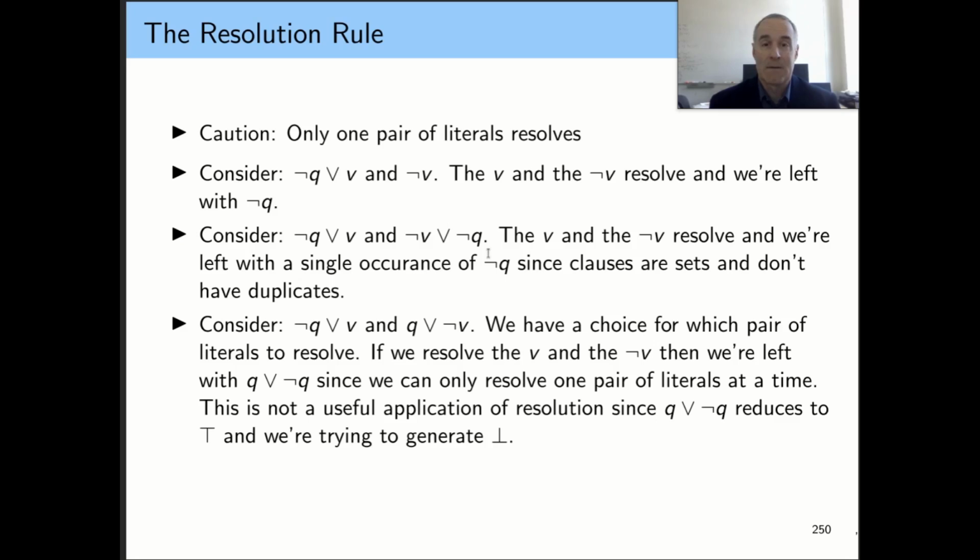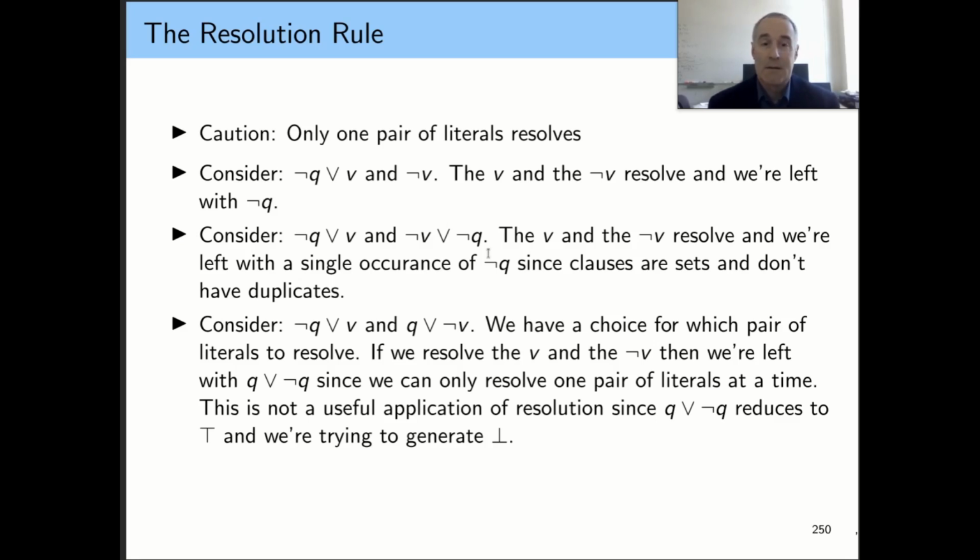Let's say we have not Q or V, and not V or not Q. Here we have the same literal appearing in both clauses aside from the positive and negated atom, and so we don't wind up with two Q's, we just wind up with one. The V and the not V cancel out, we remove the duplicate, and we're left with not Q as the result of our resolution.